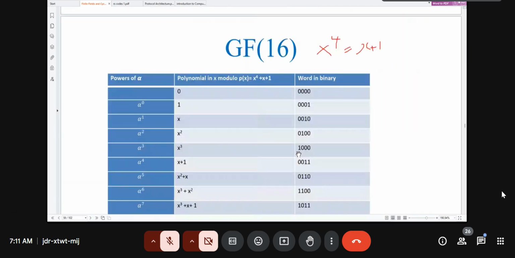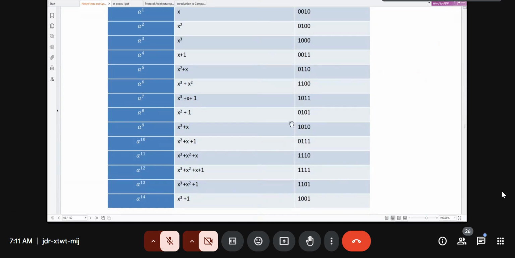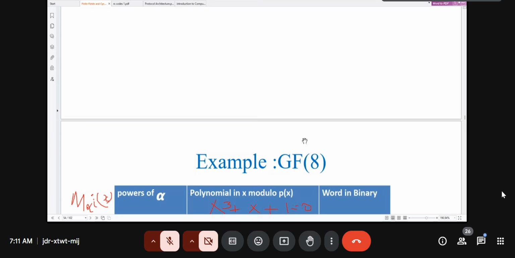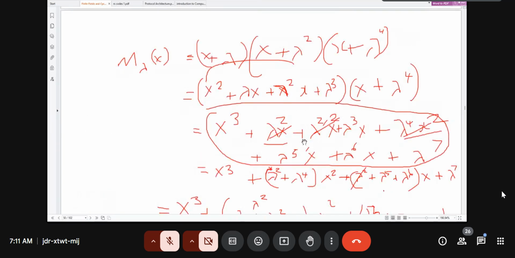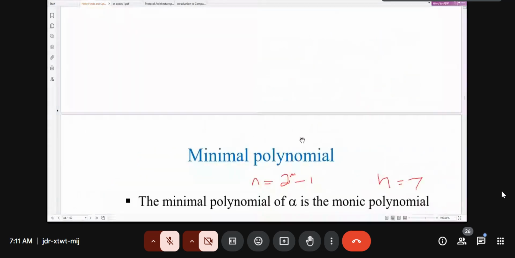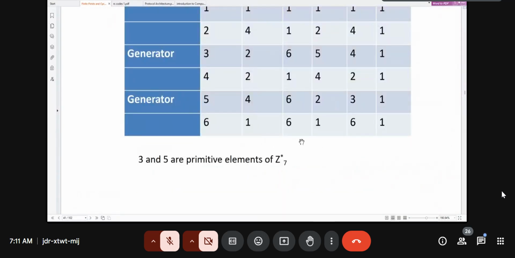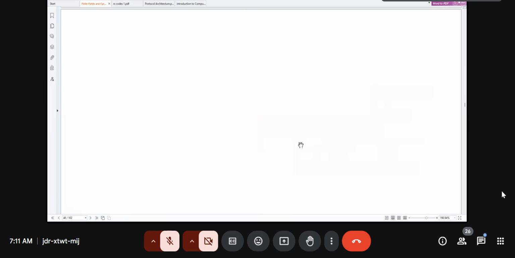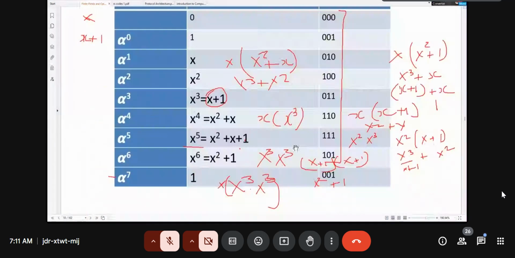We saw the case of 4-bit messages and the case of 3-bit messages. I had that table before. It depends on whether you're dealing with 3-bit or 4-bit messages.